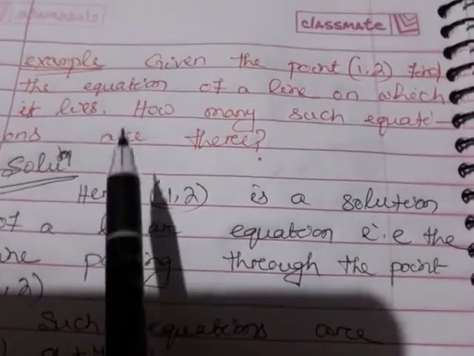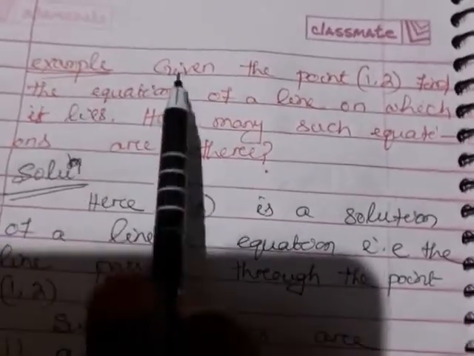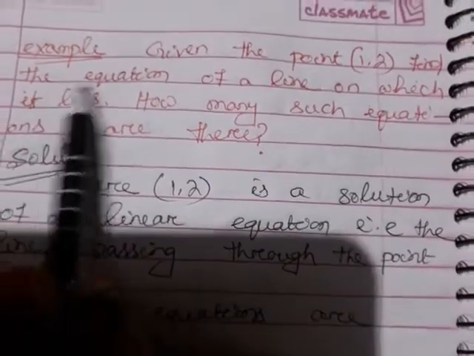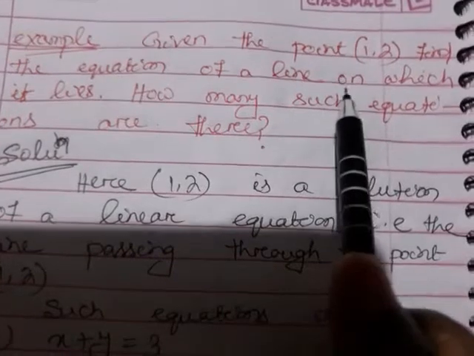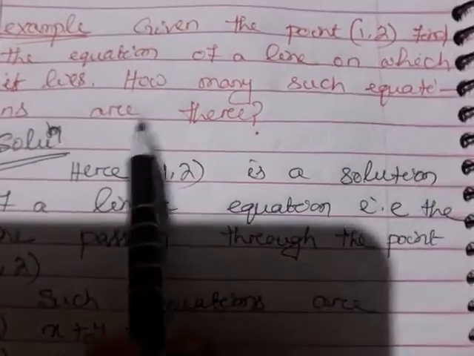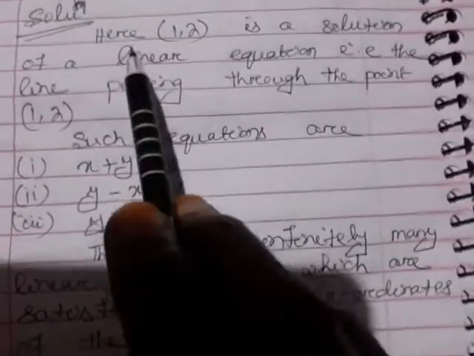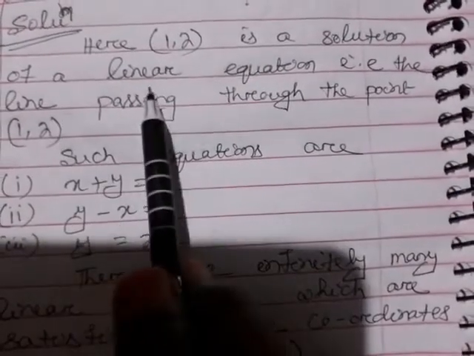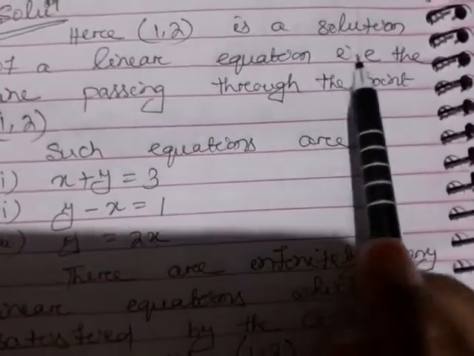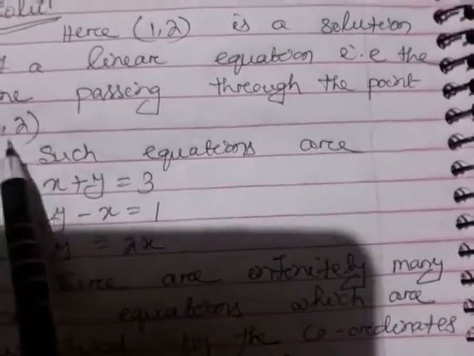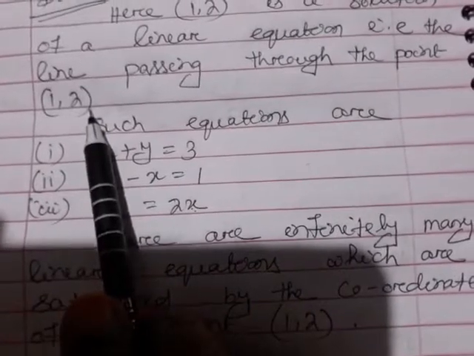Let's take some examples. Given the point (1, 2), find the equation of a line on which it lies. How many such equations are there? Its solution. Here (1, 2) is a solution of a linear equation, that is, the line passes through the point (1, 2).